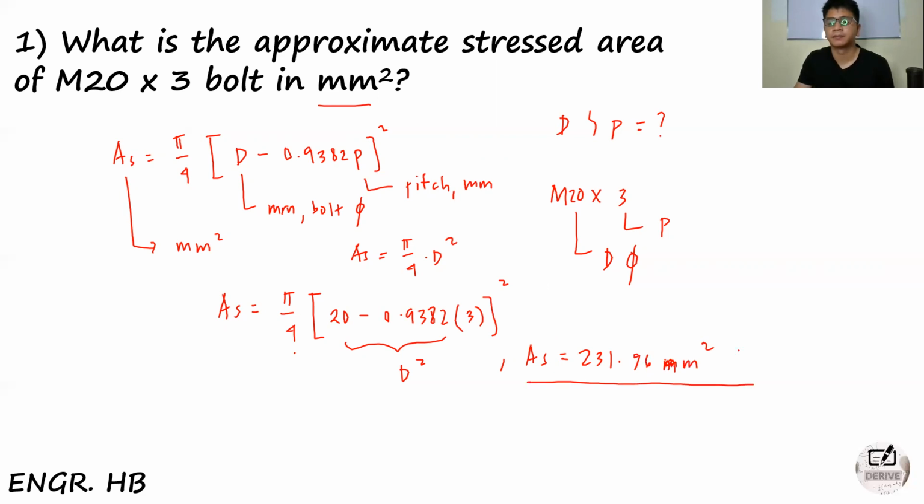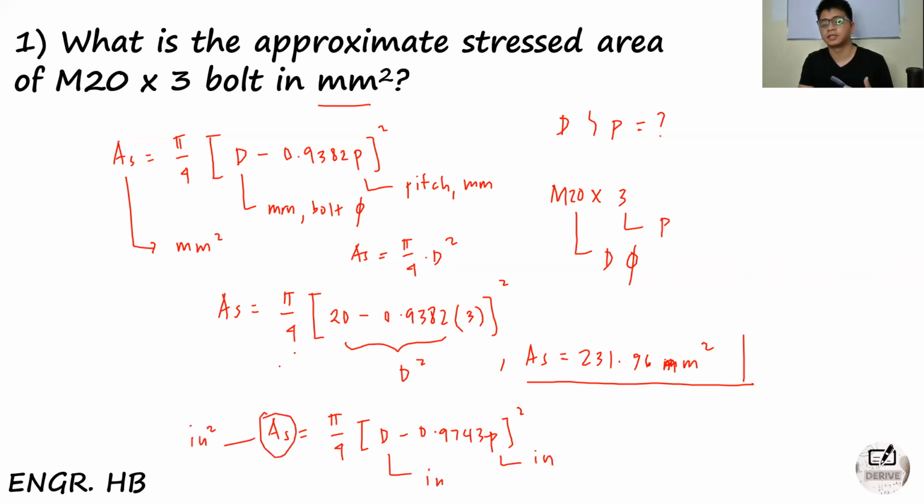We also have the stress area in inches squared. Just a little recap or review: we have pi over 4 times (diameter minus 0.9743 over n) squared, engineer. Your diameter is in inches and your pitch is in inches, so you get a stress area in inches squared.